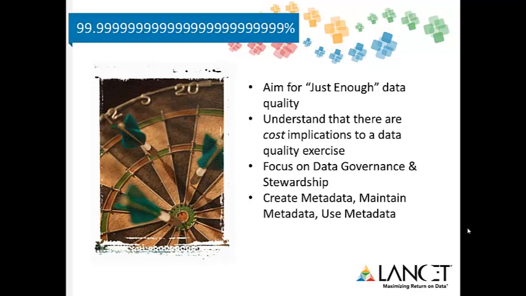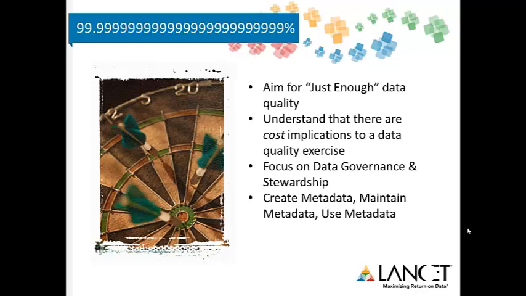And the reason why primarily is because most of the time data is created by a person. And when people create things, particularly data, particularly in an environment where they may be under pressure or in a hurry, there's a really high likelihood that data may not be as accurate as it could be. So first off, when we start talking about a data quality initiative, we all need to recognize that there is no such thing as 100% data quality.